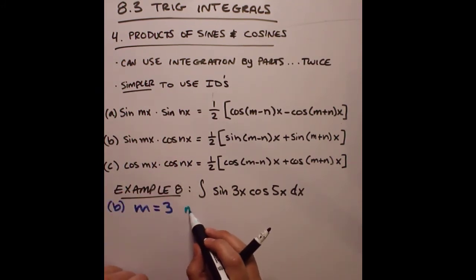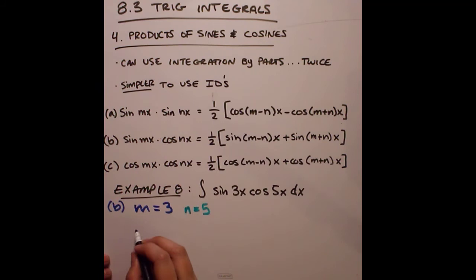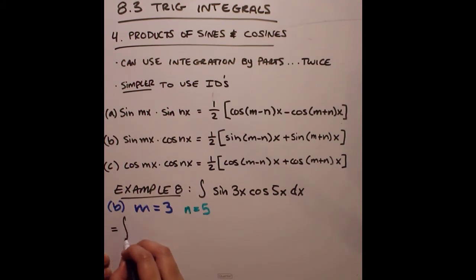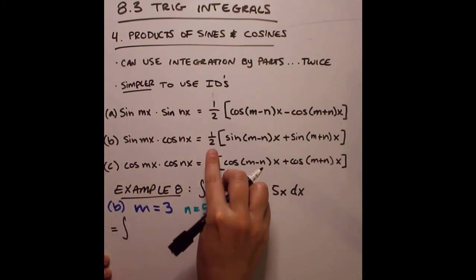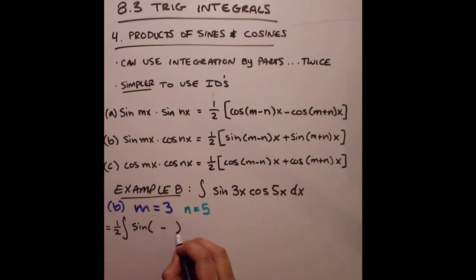Basically, everywhere in the right side of the formula we're just going to replace m and n with 3 and 5. So this integral, we're just changing the integrand. We still have our integral symbol, and you can factor out the 1/2, so let's go ahead and do that. So 1/2 out front, this is going to be sine of m minus n, but this is all times x in terms of sine, so be careful here. I'm going to use brackets just to clarify.